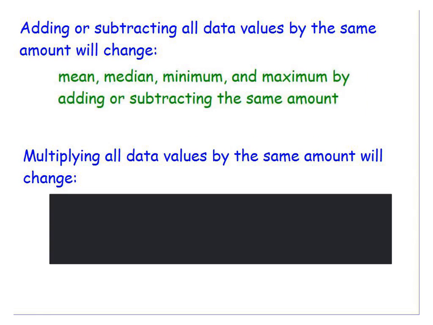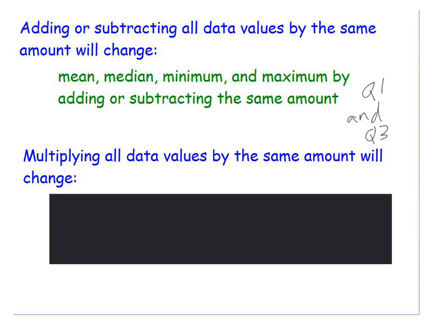The mean, the median, the minimum, and the maximum change by adding or subtracting the exact same amount that you did to the data values. And also in this list, you can add to it Q1 and also Q3 because they also change. But what doesn't change are the IQR and the standard deviation.